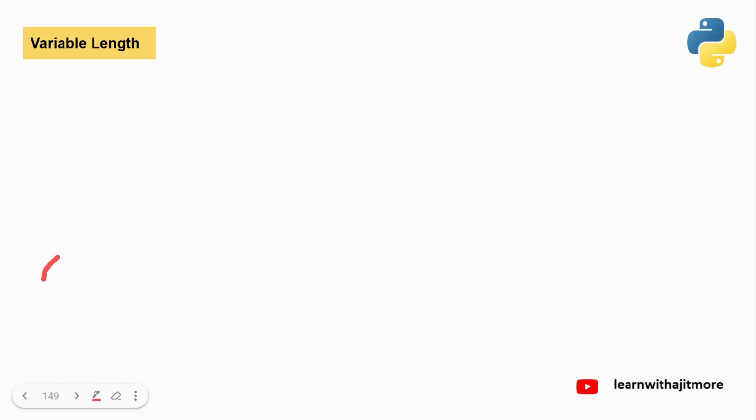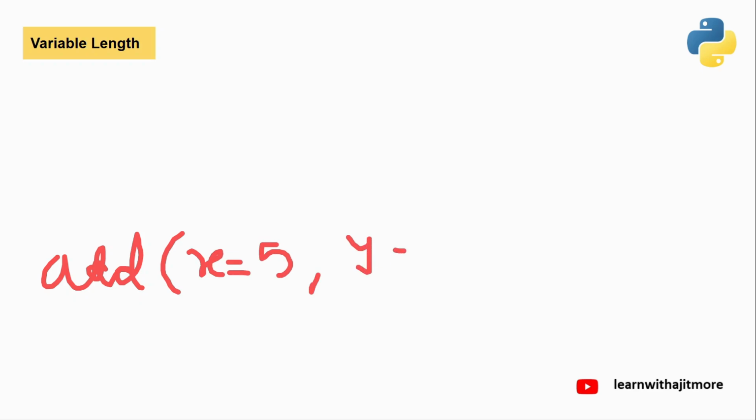And in this also, you can pass a variable number of keywords. Like add, I'm writing x equal to 5, y, every time I'm using a numeric value, it is no hard and fast rule, guys, z equal to 30 like that.